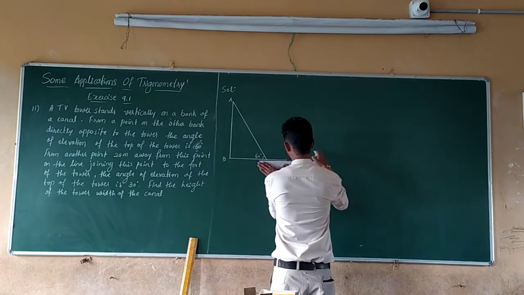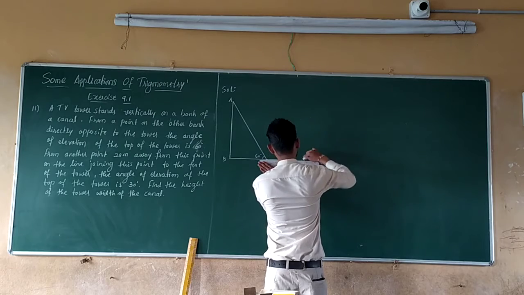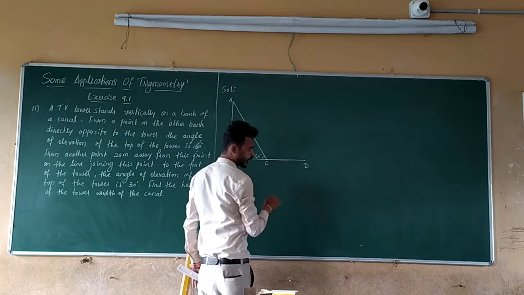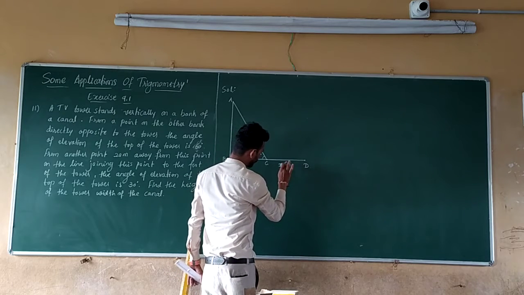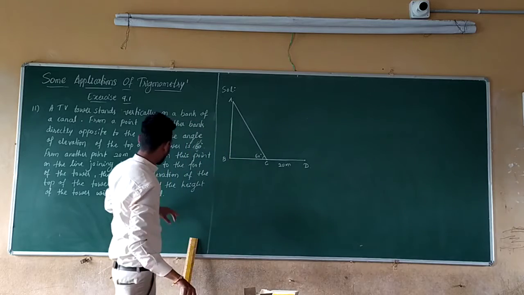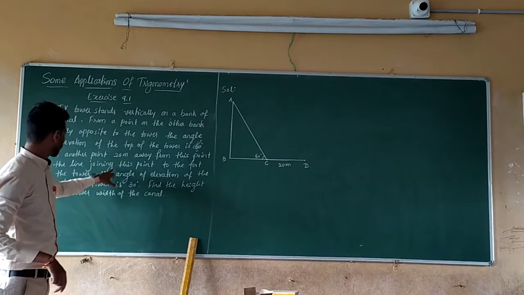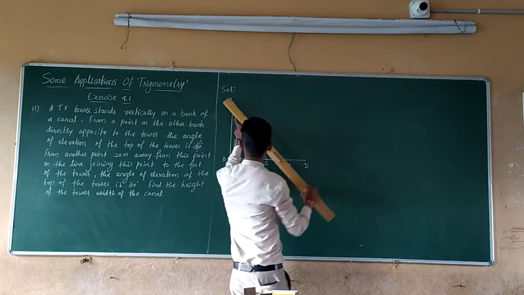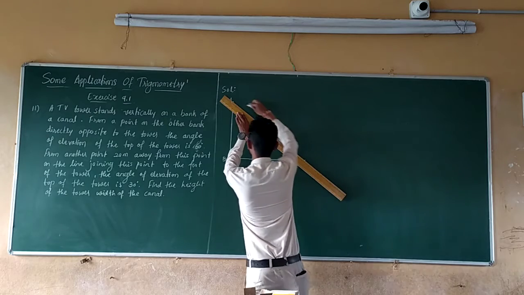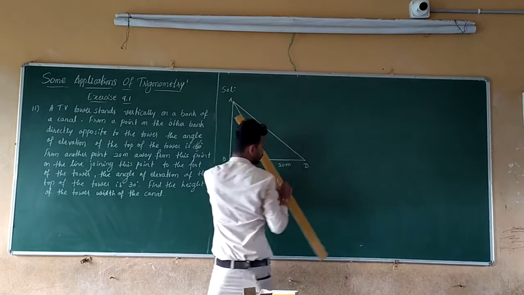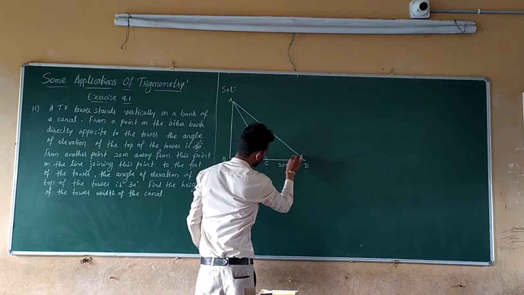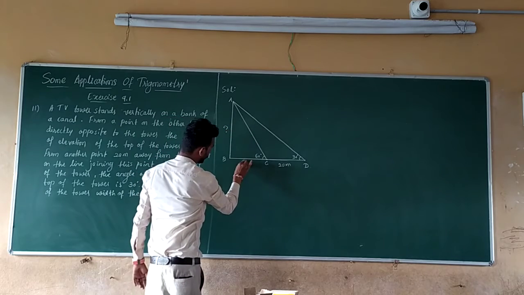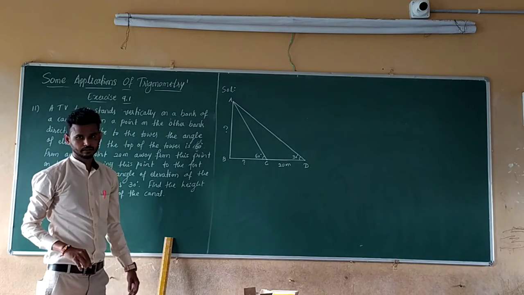So let us take D to be the point 20 meter away from C. The angle of elevation of the top of the tower from this point is 30 degree. Now find the height of the tower and the width BC of the canal.